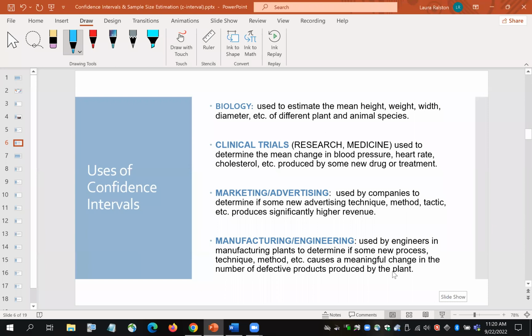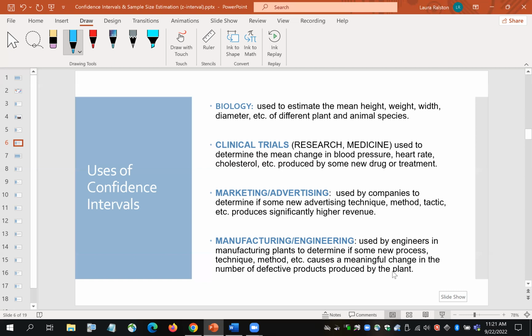Okay, so we had biology. We also have clinical trials, anything related to research, maybe for a new medical device, some kind of treatment or some kind of medication, to determine the mean change in blood pressure, heart rate, cholesterol, etc. Again, for some kind of new treatment or some kind of new drug. Even in the world of business and marketing and advertising, companies may use it to determine if a new advertising technique or method produces significantly higher revenue.